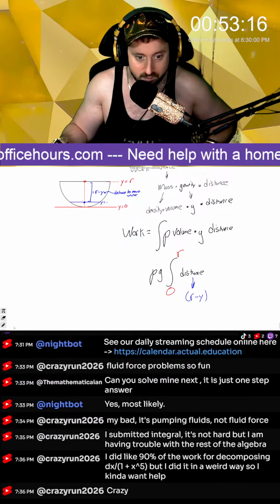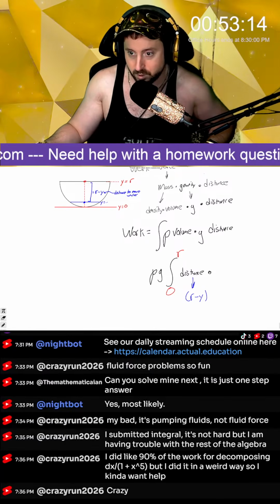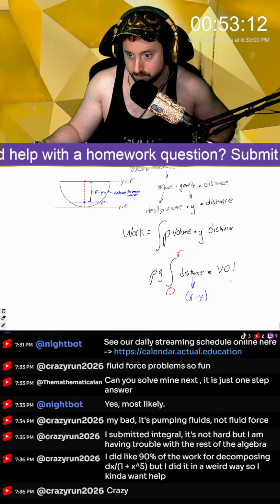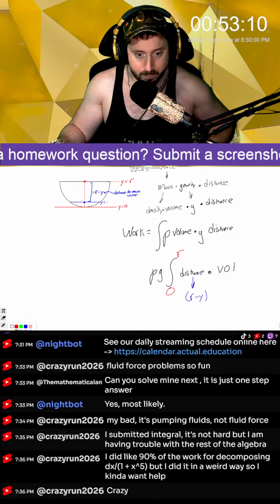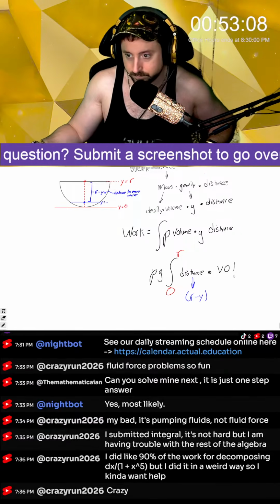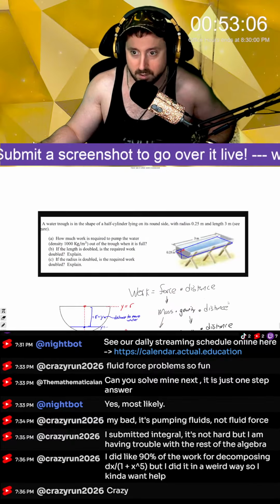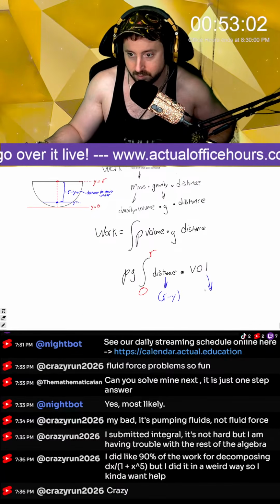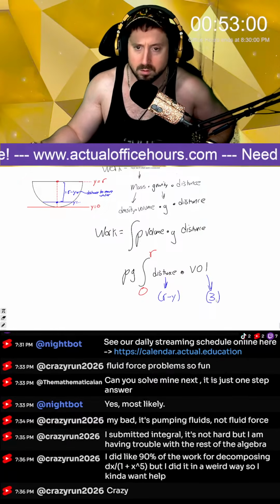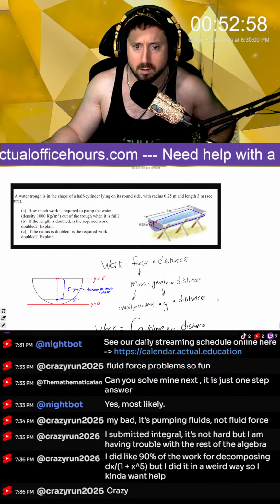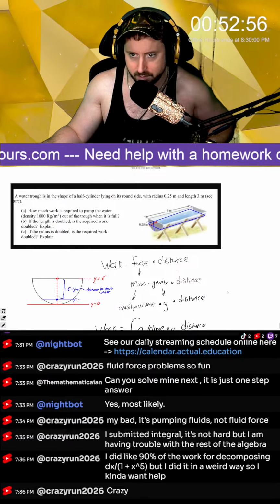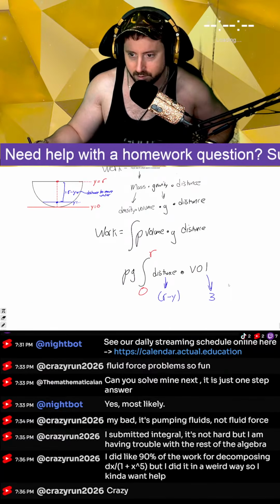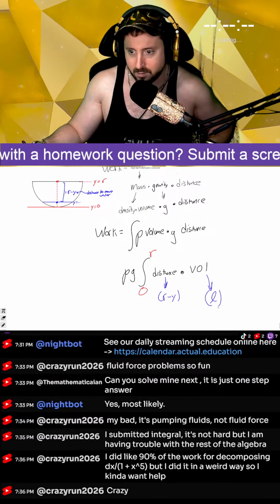We're going to say distance times volume, but then volume is going to be a sheet which will be 3 meters long. So that's 3 meters long. That's the length, let's call it length.